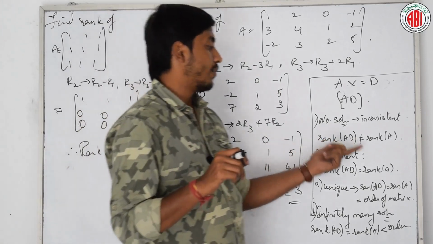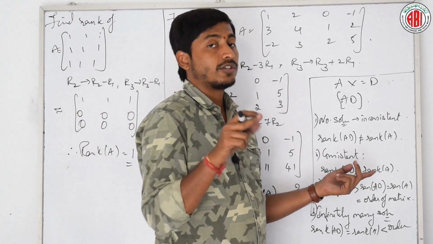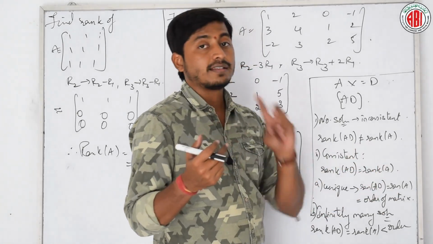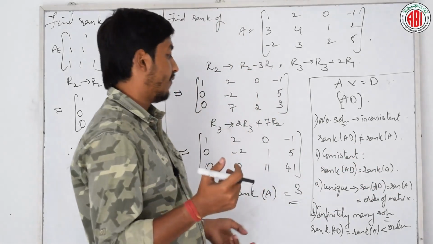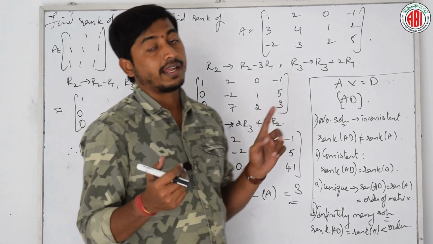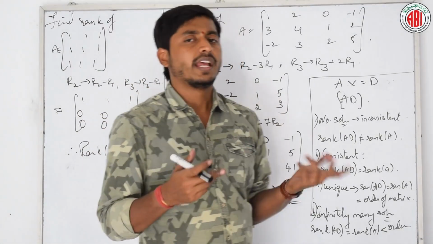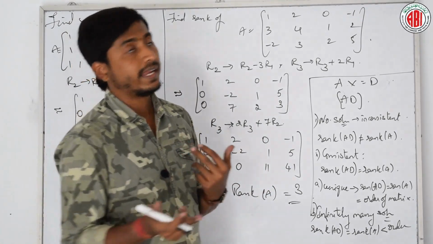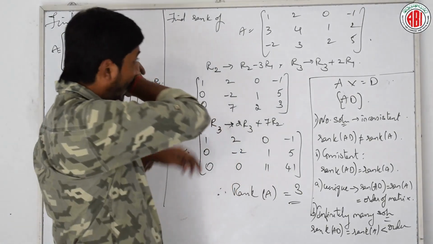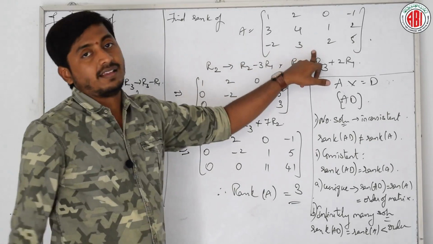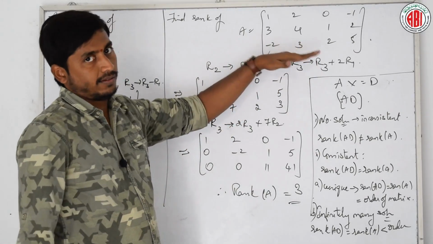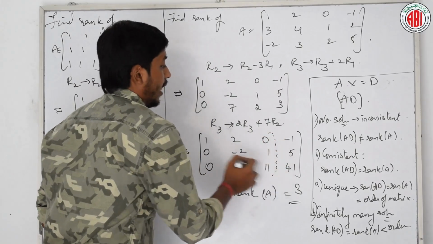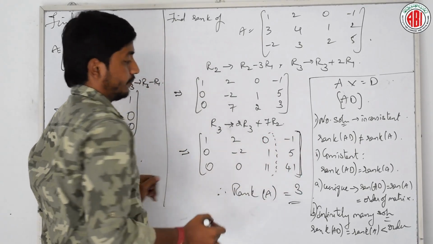If both the ranks are equal, then it is consistent. In that also we will have the condition that if that rank is equal to order, then it is a unique solution. If that rank is less than order, then it has infinitely many solutions. If the rank of AD is not equal to rank of A, obviously it is inconsistent. If you observe here, if I say this is an augmented matrix, however this will be like this. Till here this will be A and this will be AD.